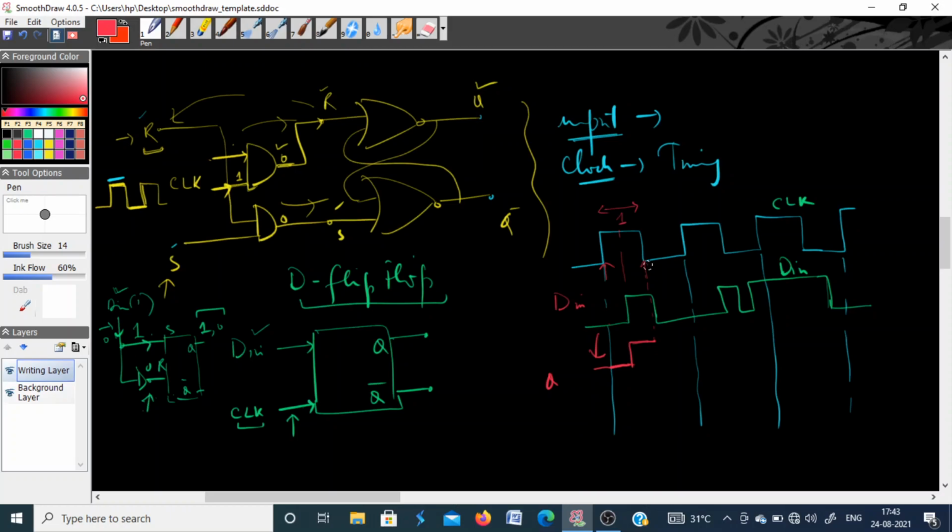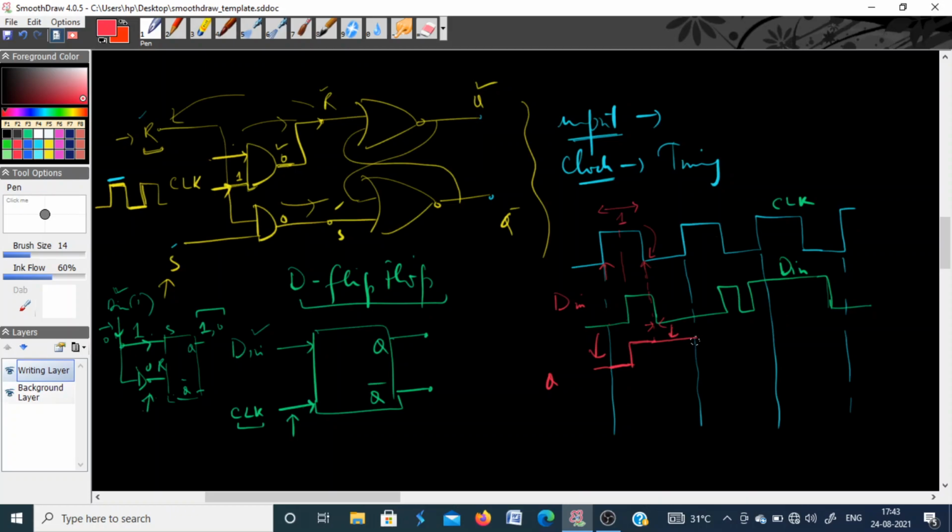Now at this point your clock signal goes from 1 to 0. It means the output cannot change now. The output will remain constant till the next clock pulse comes. You can see here that after the clock has gone from logic 1 to 0, the input also goes from 1 to 0, but this change in input will not make any change in the output because the clock pulse is not at logic 1.